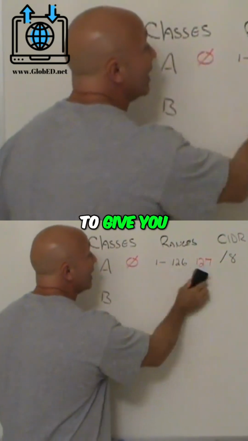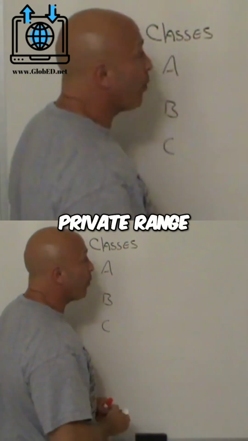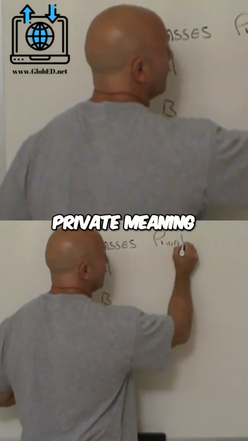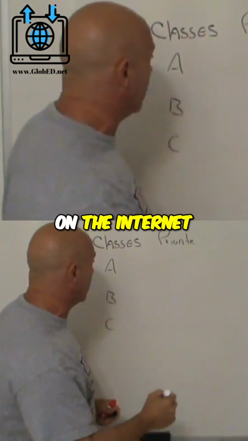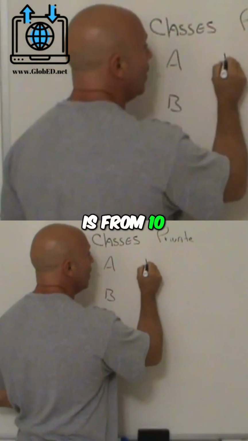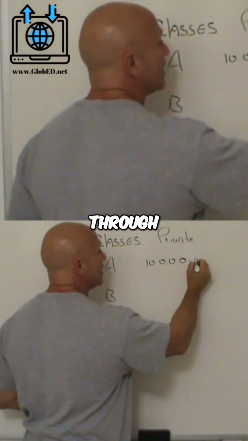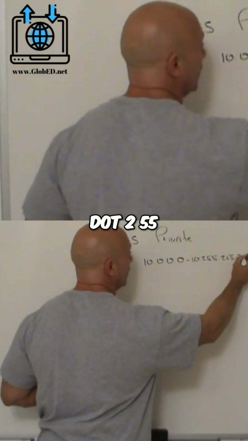Okay. And I'm now going to give you the private range, private meaning they're not routable on the internet. So a class A is from 10.0.0.0 all the way through 10.255.255.255.